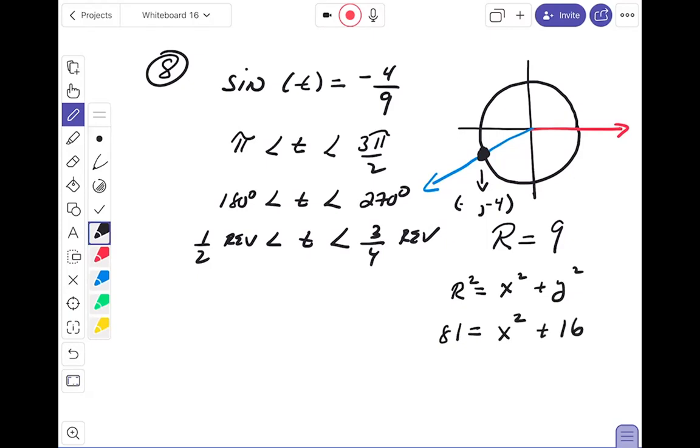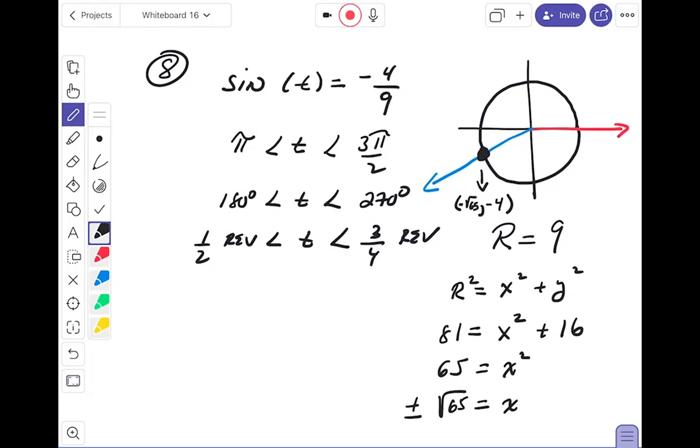All right, now I got to do 81 minus 16. That's going to be, I guess 65, right? Equals x squared. Now going back to math 100, x would equal plus or minus the square root of 65. It can't be both, by the way. Looking at the picture, I hope you realize it's got to be minus root 65.